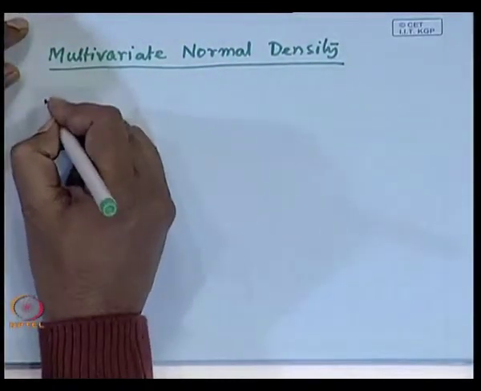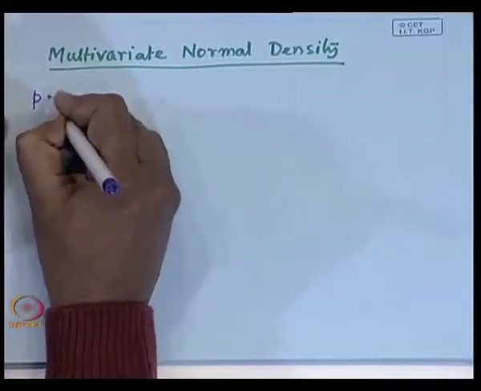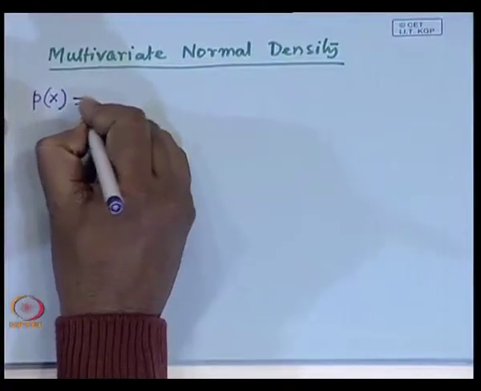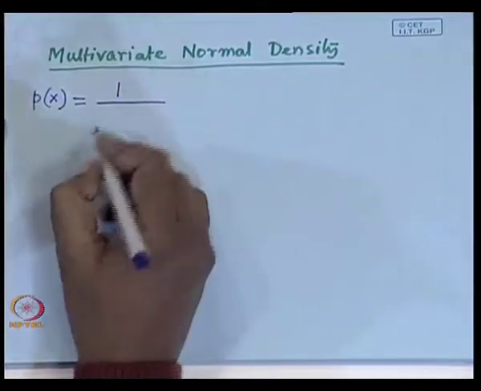So, here instead of a single feature x, we have a feature vector. And the feature vector is, again we use it as x, but instead of writing in lowercase x, we write in capital X. Okay.